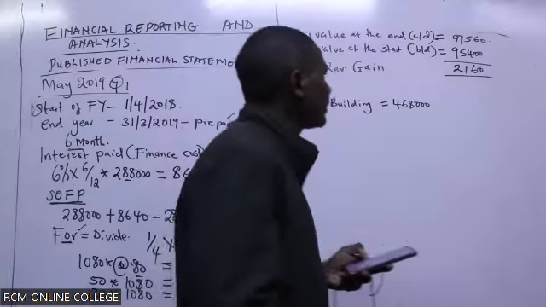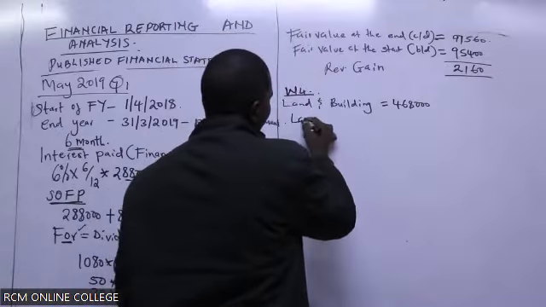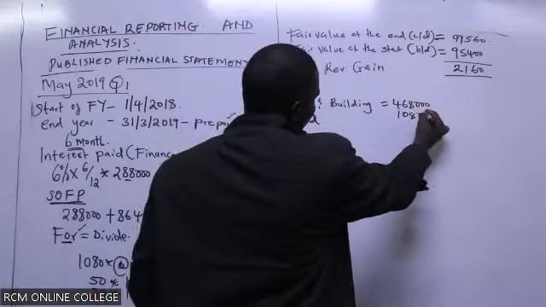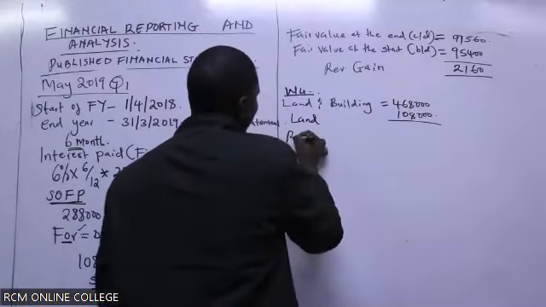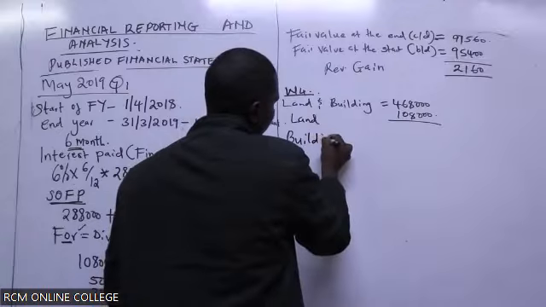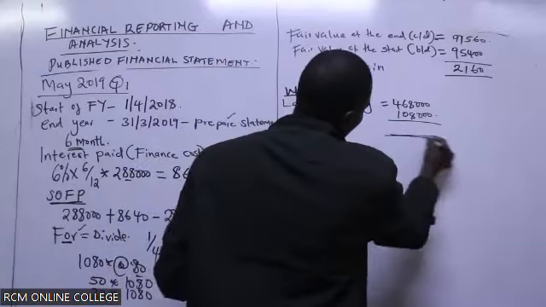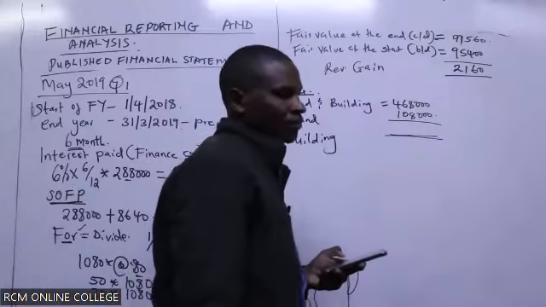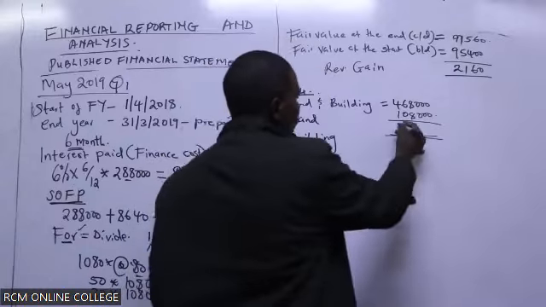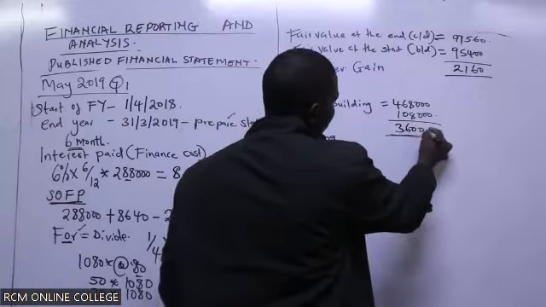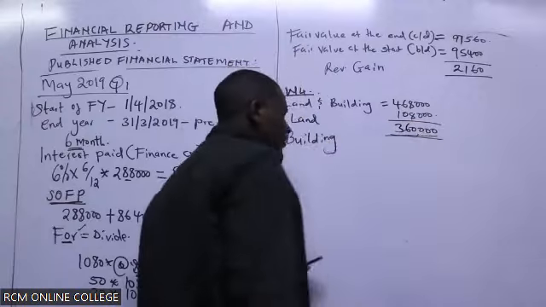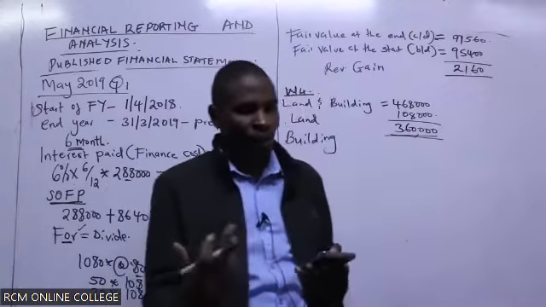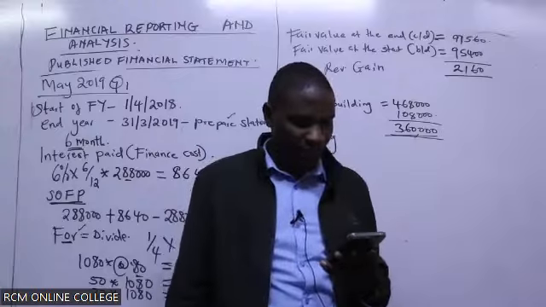Therefore, the value of land is 108. So we can get value of building alone. Ili tuweze kufanya kazi. Otherwise, huwezi fanya kazi zikiwa zimeshikana. So what is the value? Building is 360,000. Asante. With that, we are now able to work. Asante, Jane. Anybody else getting like Jane?